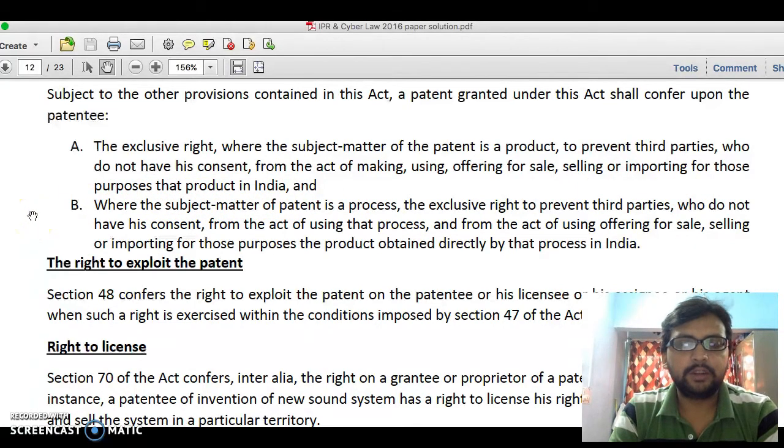When we talk about this point, it is possible that I have patented my idea in India. It doesn't mean that some third person can use my idea and manufacture a product out of that idea, and instead of selling it in India, export the same product to Nepal, Bangladesh, or some other country. In short, he violates the patent rules.